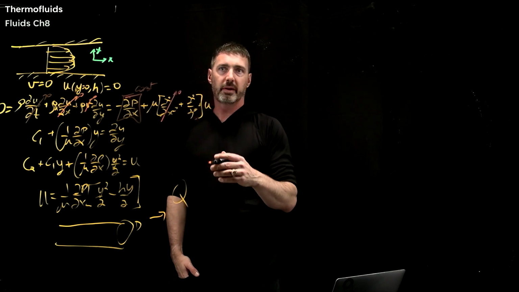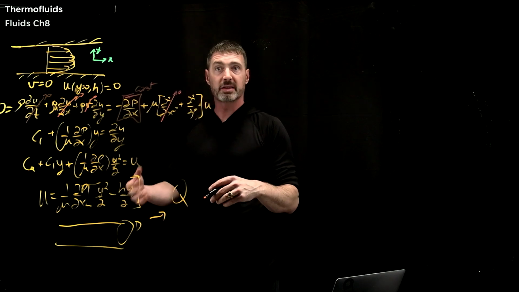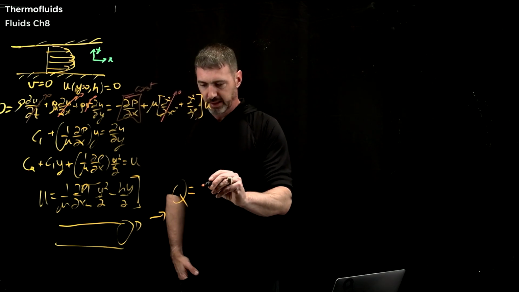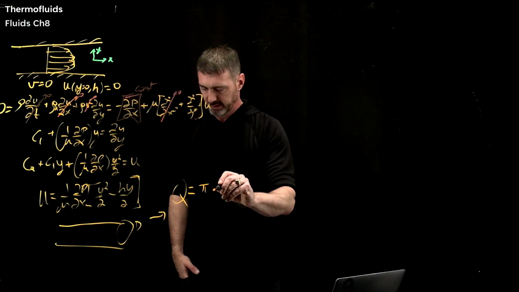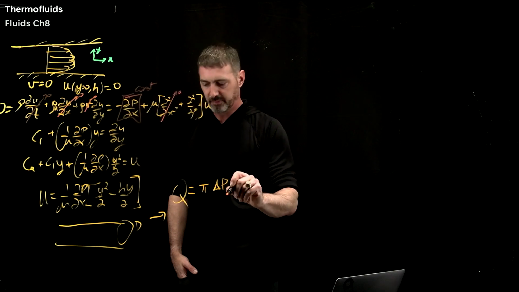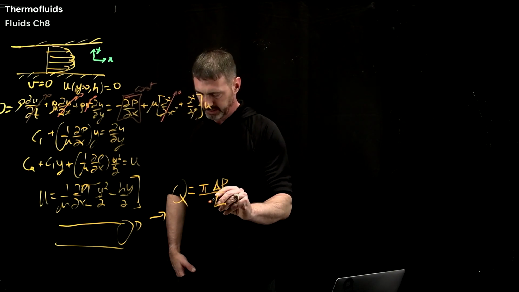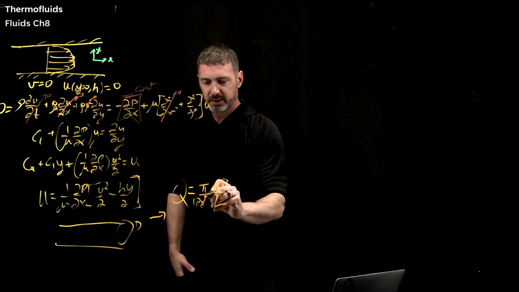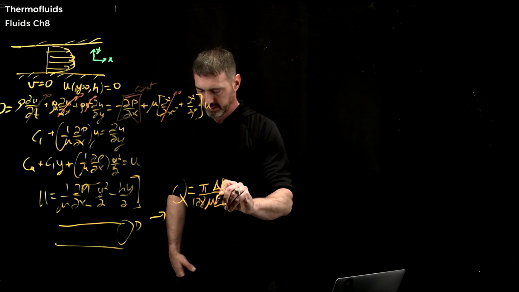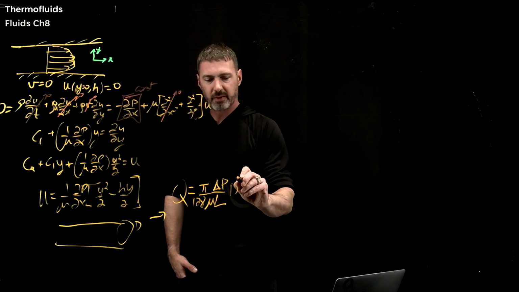So you would integrate that velocity profile, and you would get pi times, the way they usually handle it is the pressure drop over L. You pick up a 128 and a mu, and then d to the fourth.